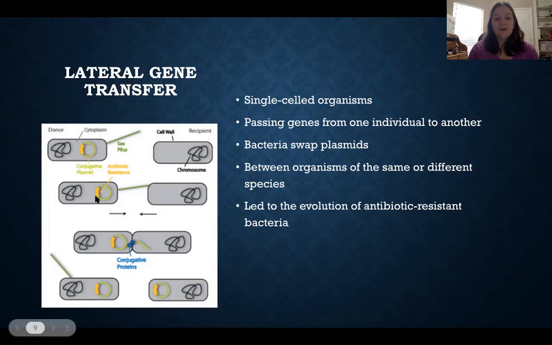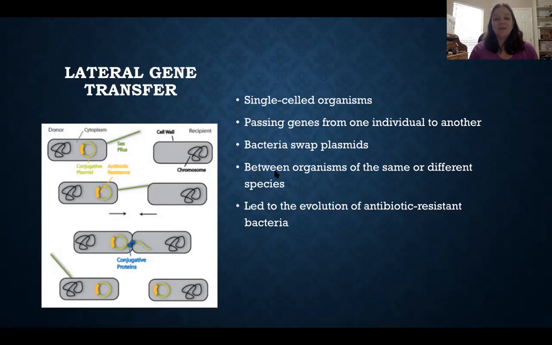So if this bacteria is resistant to certain antibiotics and passes that on to another bacteria, now we have more antibiotic resistant bacteria. Over time, we are going to have to develop new antibiotics because the old ones aren't working anymore.